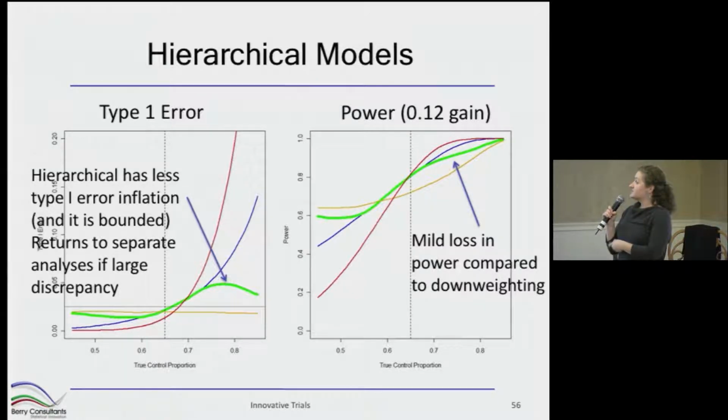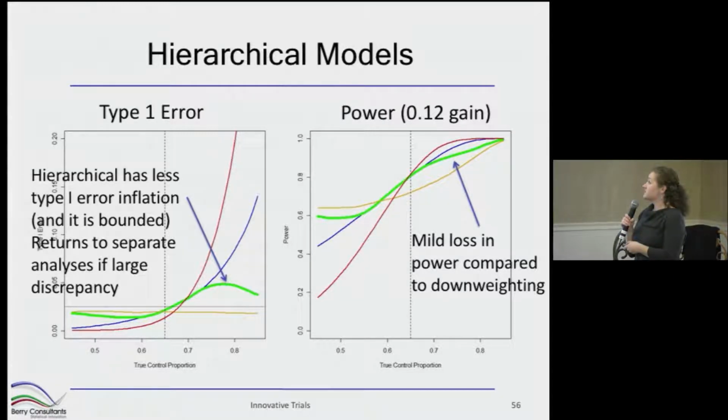Similarly, in the power, we also see mild power loss compared to full pooling. So here's the historical borrowing, and you can see that compared to if we just pool, we do lose a little bit of power. But if we compare to a design that ignores that historical data, that's the orange, we do see improvements in our power.